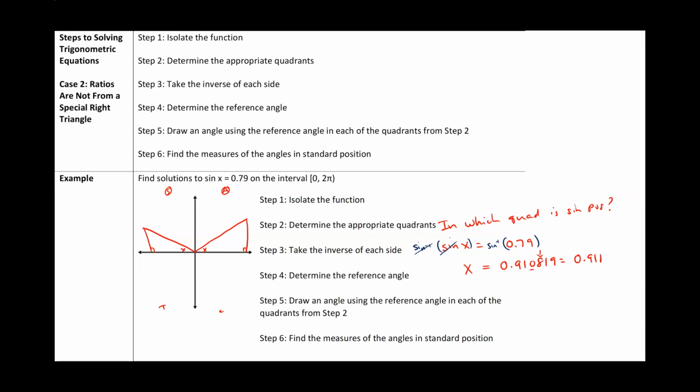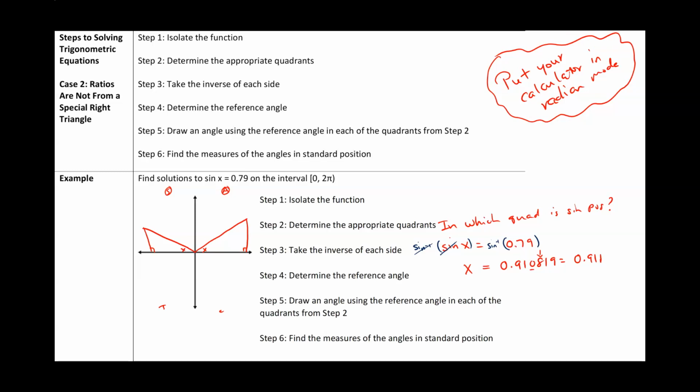Now, before I do this, here's a really important step. Before you take the inverse of each side, put your calculator in radian mode. If you don't know how to do that, you can ask me in class if it's a physical class. If it's a Zoom or an online class, then you'll have to YouTube it for your calculator model.